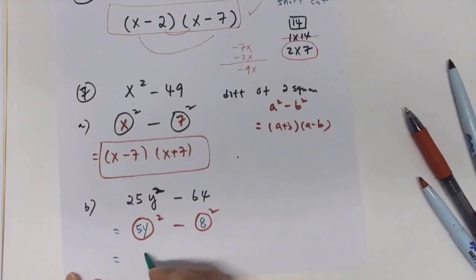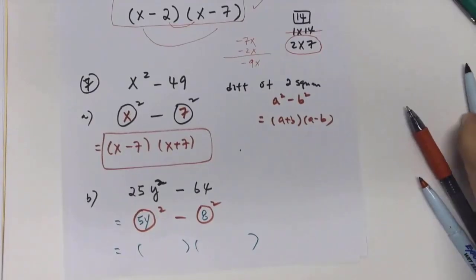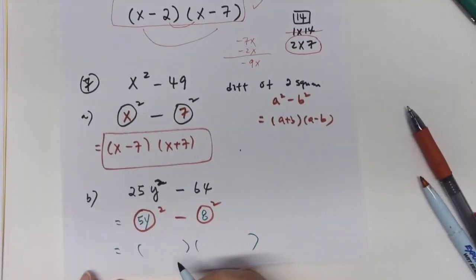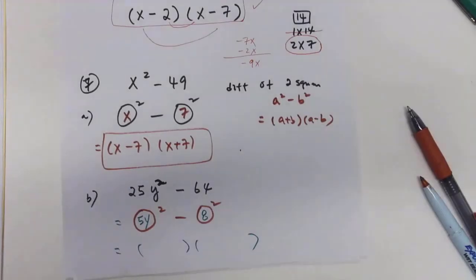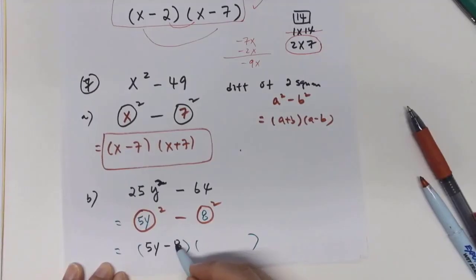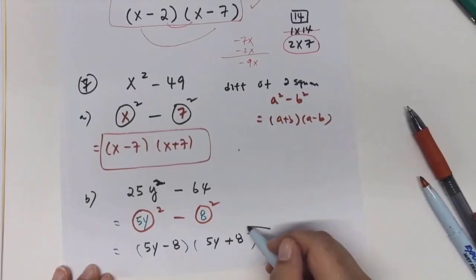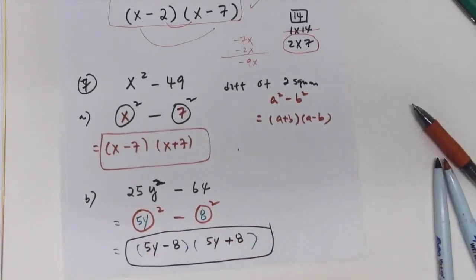So when we get to here, we are going to factor it as what? 5y minus 8, 5y plus 8. Is that okay? Okay, everybody seems okay with the difference of 2 squares?